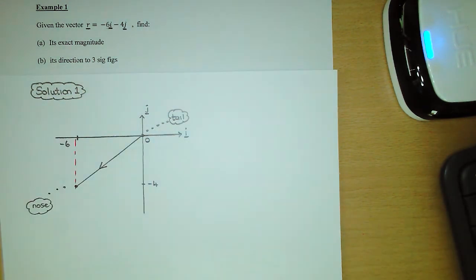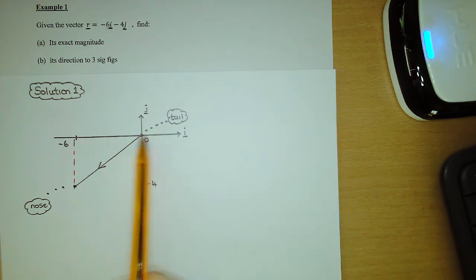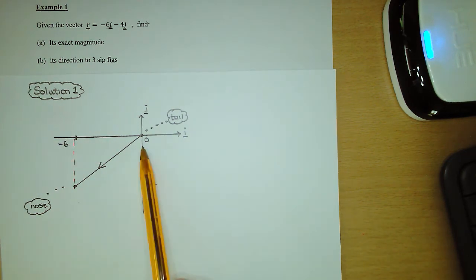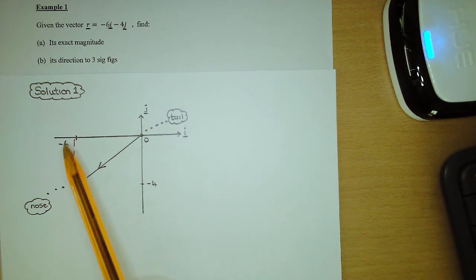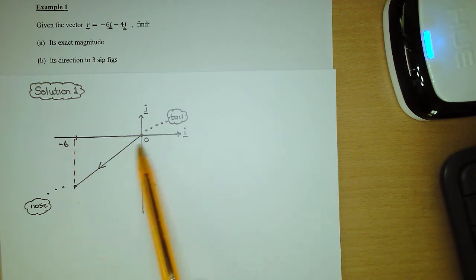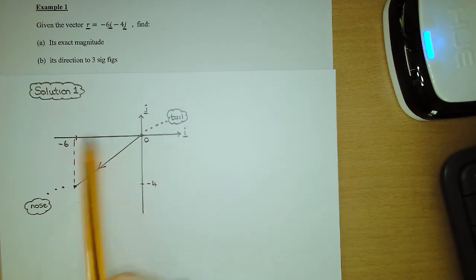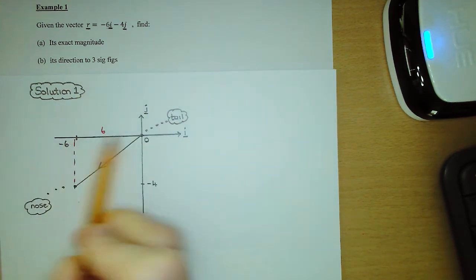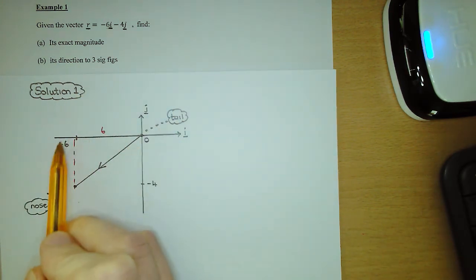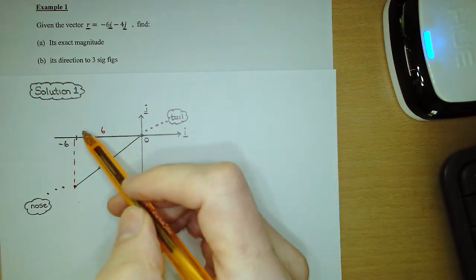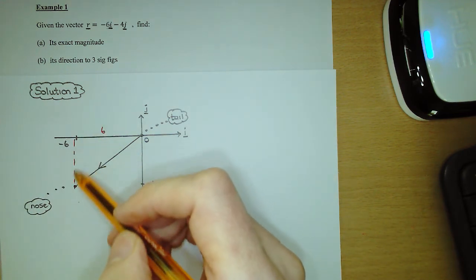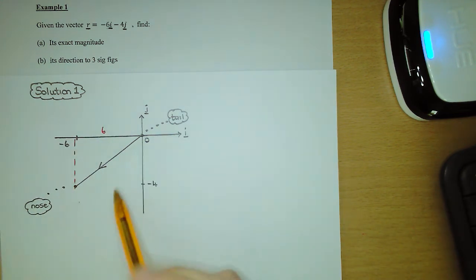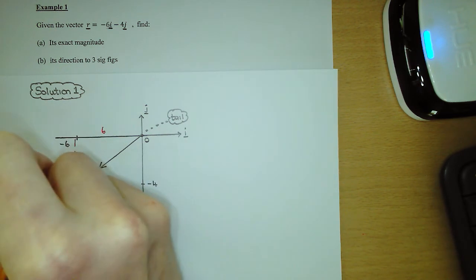Like that. Now we're going to write down the horizontal distance between the nose and the tail, and the vertical distance between the nose and the tail. So the horizontal distance is just going to be 6 units. Remember, when we're talking about distances, we ignore negatives. And the vertical distance between the nose and the tail is just going to be 4 units.